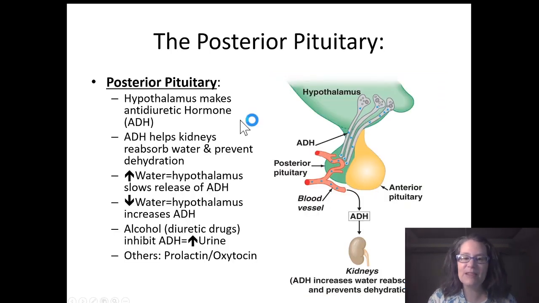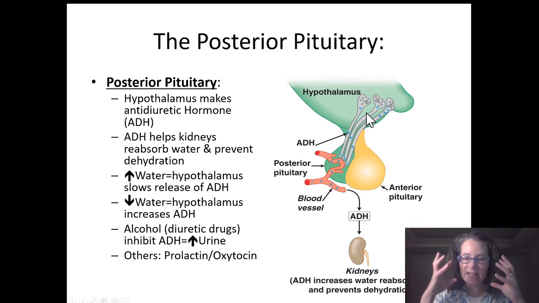All right, let's start with the posterior pituitary. We have already talked about this one when we talked about the urinary system and water balance. The hypothalamus makes a hormone that you've heard of, antidiuretic hormone or ADH, and this hormone travels to the kidneys, but first it goes through the posterior pituitary. In this picture, you can see how these vessels connect it to the posterior pituitary, and then blood vessels run past that.